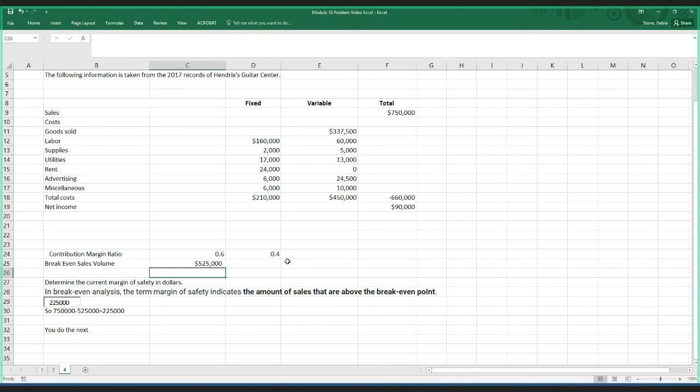Then to get the margin of safety, which is the sales above the break-even, we know that our break-even point is 525, and we have sales of 750. So our margin of safety is 200,000.